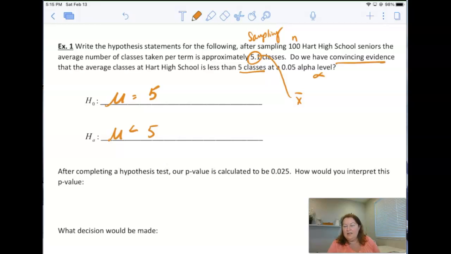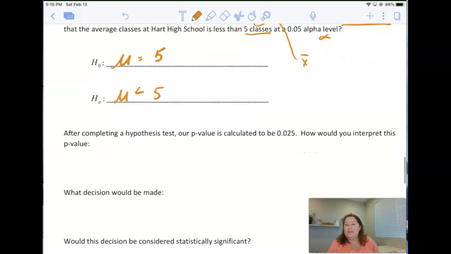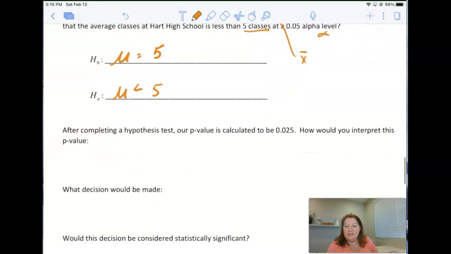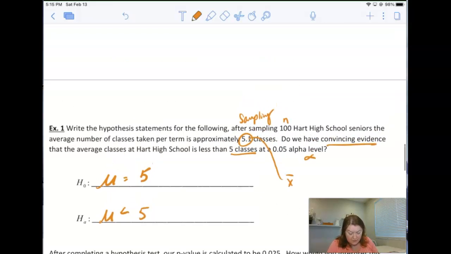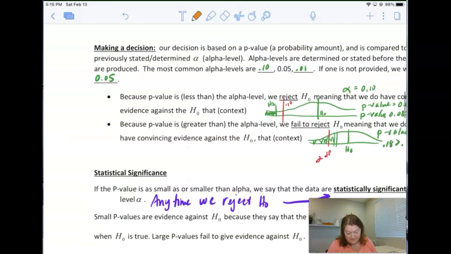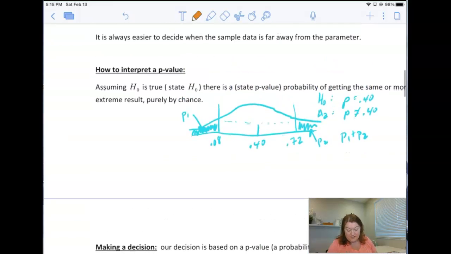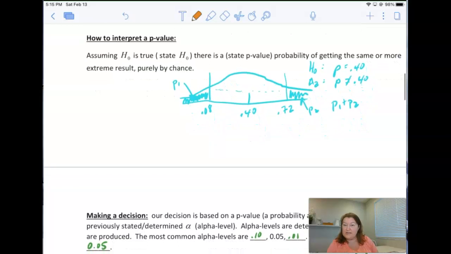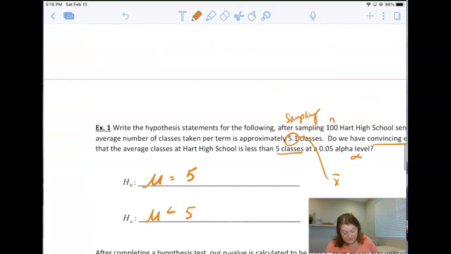All right, so then it says after completing the hypothesis test, our p-value is calculated to be 0.025. How would you interpret this p-value? So we go up to the second part where it says interpreting p-values. It says assuming H sub O is true and state what that is, okay? So we're going to start with that.